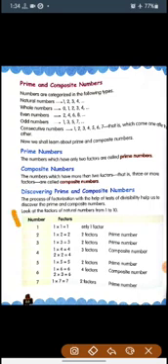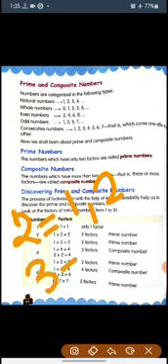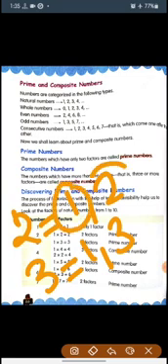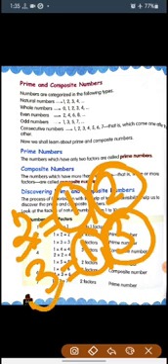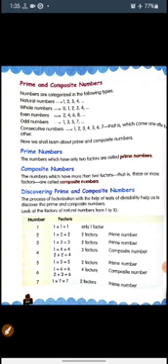For example, 2 has 1 and 2, only two factors. 3 has 1 and 3, only two factors. 1 and the number itself. 2 and 3 are prime numbers.